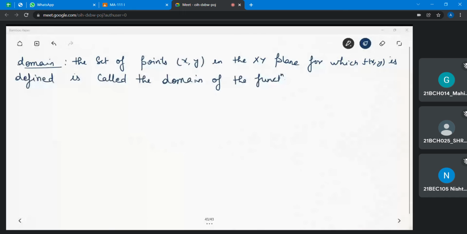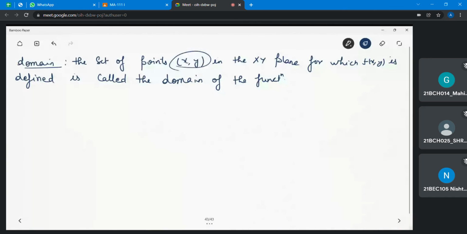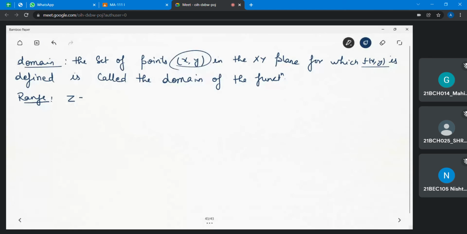Okay, so what is the domain of the function? The set of all points (x, y) for which the function is defined. And what is the range? The range is nothing but z. z equals f(x, y), so z is called the range of the function.